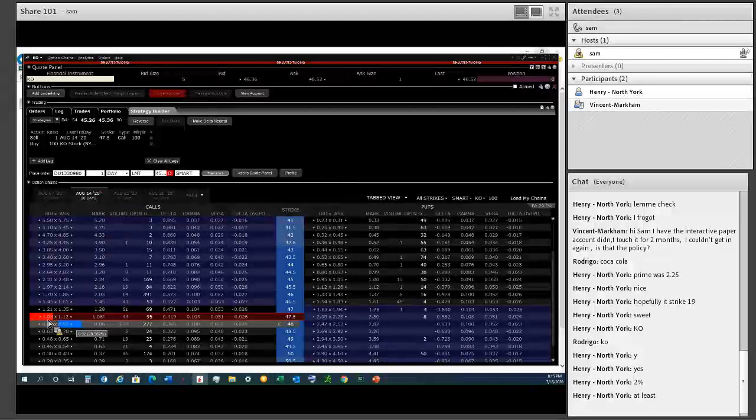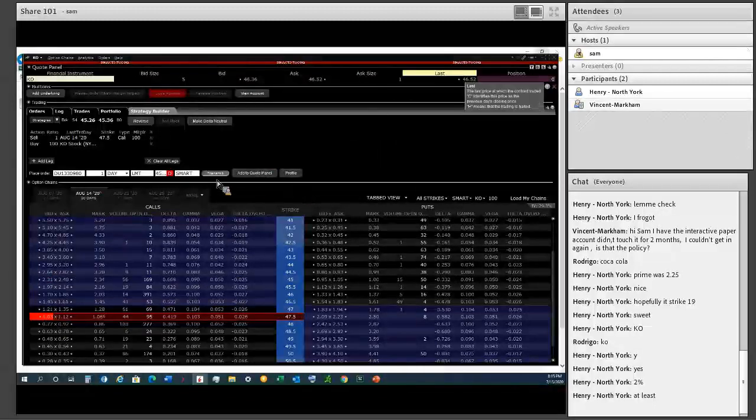Yep, at least 2%. So if we divide $1.03, which is the lower end of the range, into 46.50, it gives us a 2.2% return, so it qualifies.